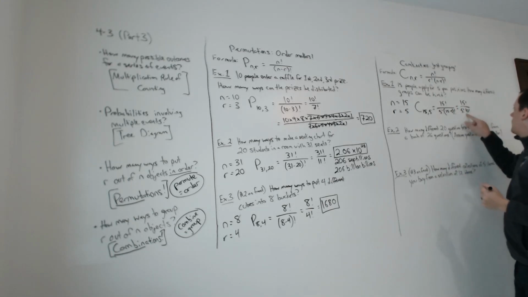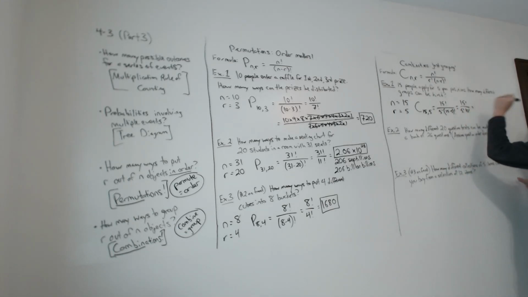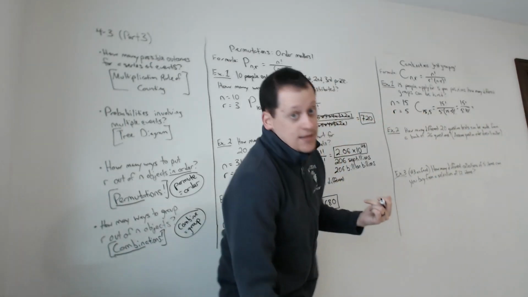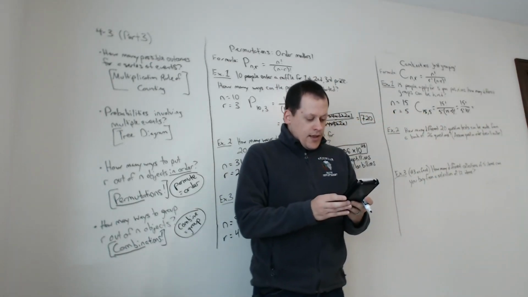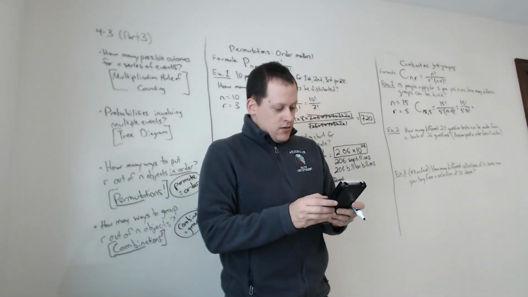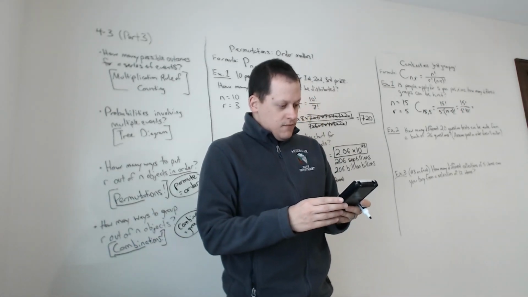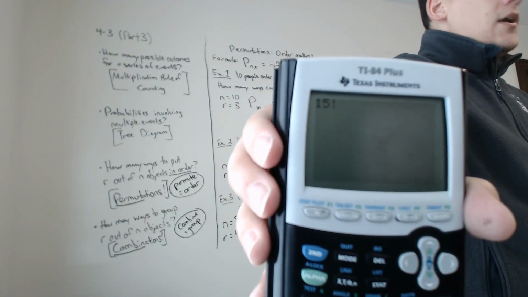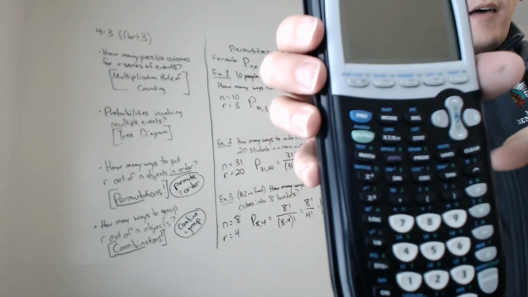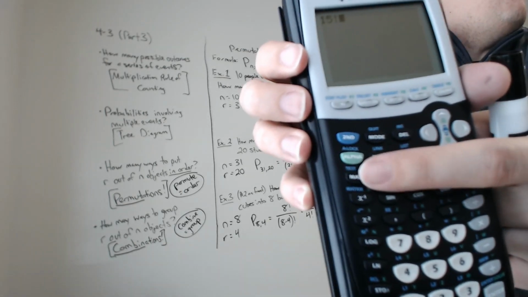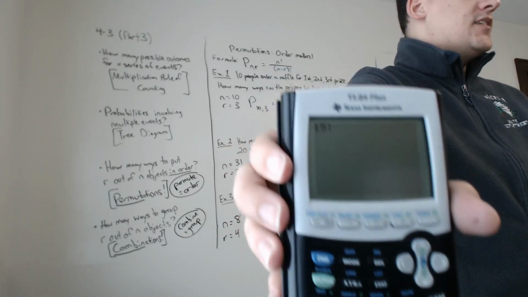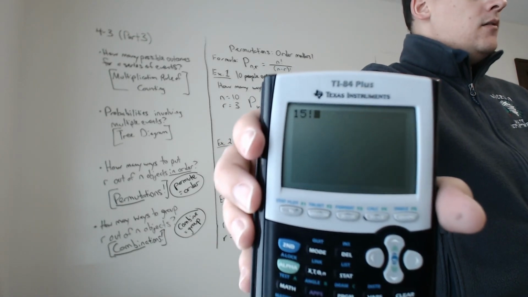Okay. So here, I will go ahead and put that in my calculator exactly as I see it there. And you're going to have to be careful here. I've got 15 factorial. Okay, you type that in just like you did before. You got your 15, and then you go to math, and then over to PRB number 4 to get that factorial button.